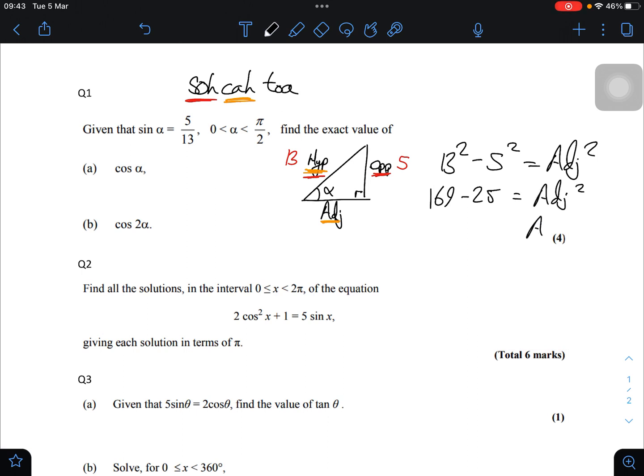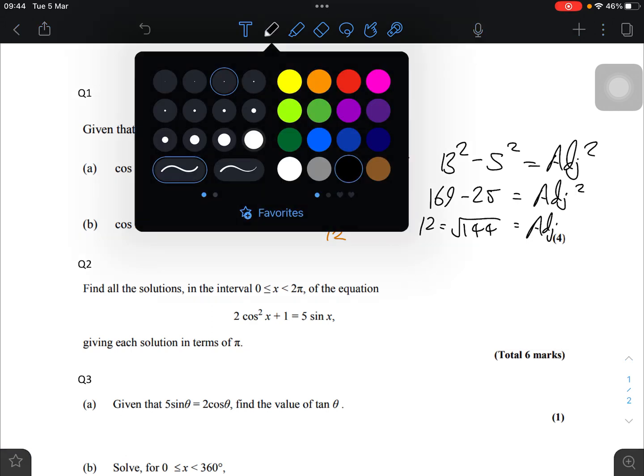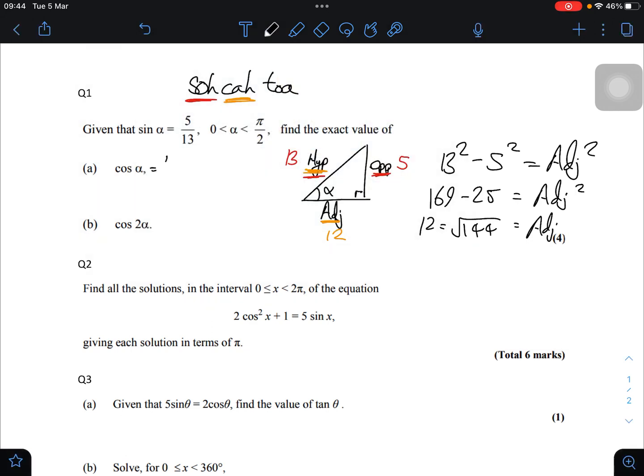So therefore the adjacent is just the square root of 144, which is 12. So we get our value there as 12, and therefore we can use that to find what cos of alpha is, because we know that cos of alpha is adjacent over hypotenuse. And so in our case there, our adjacent is 12 and our hypotenuse is 13.